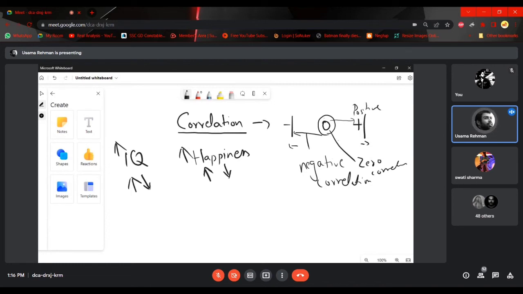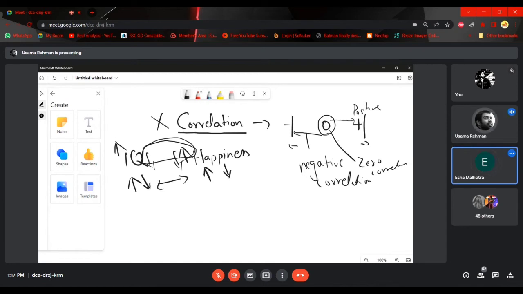There is a difference between both of them, right? If happiness decreases, IQ decreases. When we are using these terms, we are saying that one variable is dependent on the other. In correlation, we're not talking about dependence. We are only talking about relationship. When I say if one variable increases, it could be IQ, it could be happiness also. आया समझ में?